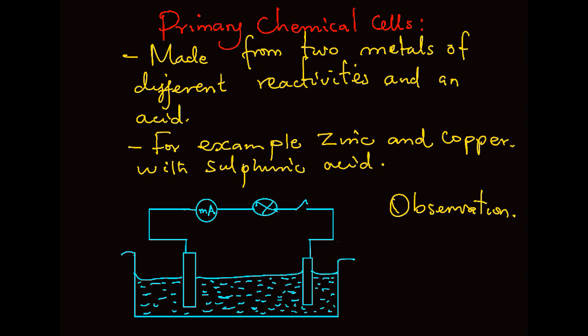For example, we can use zinc and copper as our metal plates with dilute sulfuric acid. Zinc is more reactive than copper, so the pair is good for a simple chemical cell.